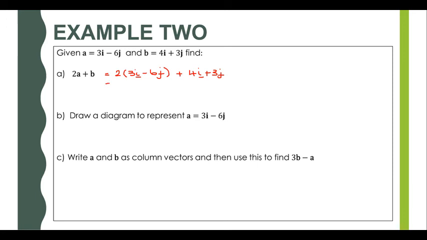So I can expand my brackets to give me 6i minus 12j plus 4i plus 3j. And just like with algebra, I can now collect like terms. So if I collect my i terms together, I've got 6 plus 4i, which gives me 10i. And then I've got minus 12j plus 3j, which gives me minus 9j.